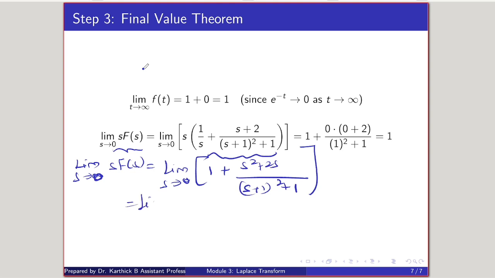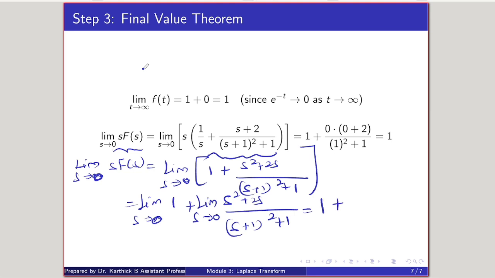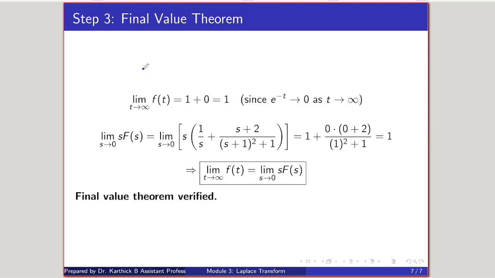So with the same process, we can split the term: 1 plus limit s tends to 0 of (s square plus 2s) by ((s plus 1) whole square plus 1). The limit of 1 will be 1. If I put s equal to 0, this expansion will be 0. So clearly 0 into anything is 0, and simply 1 plus 0 will be the final answer. So I am getting 1. So I find the LHS part is 1 and the RHS part is 1. Therefore they are equal. So finally the final value theorem is verified.